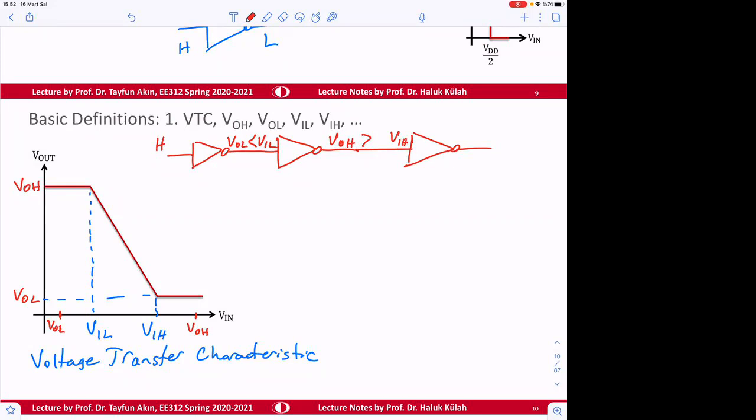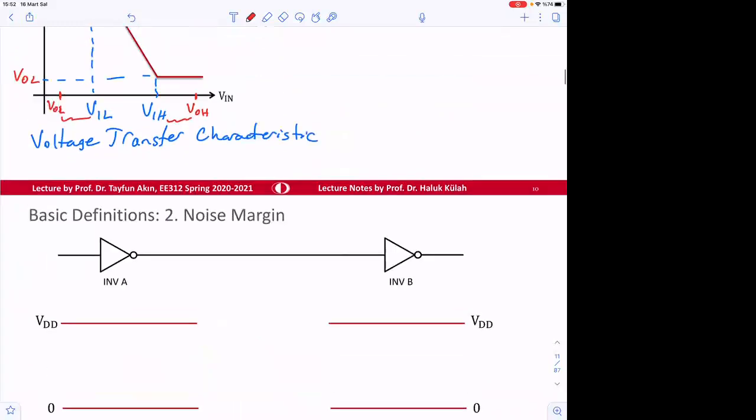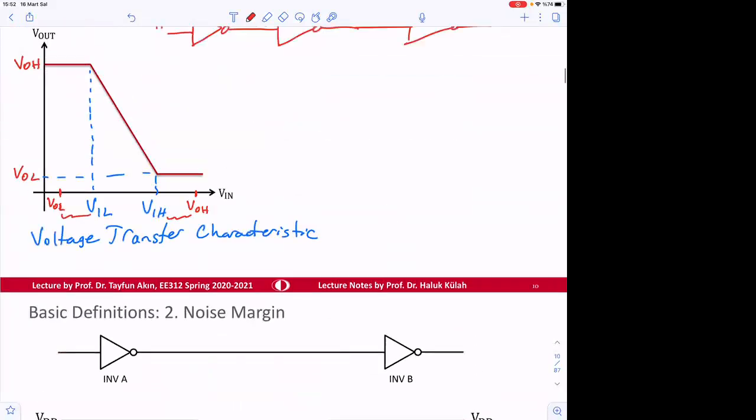Okay. So this difference is important. The larger is better. And as we defined, we call this thing, I guess, noise margins.